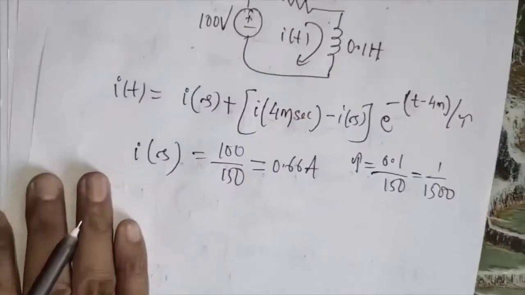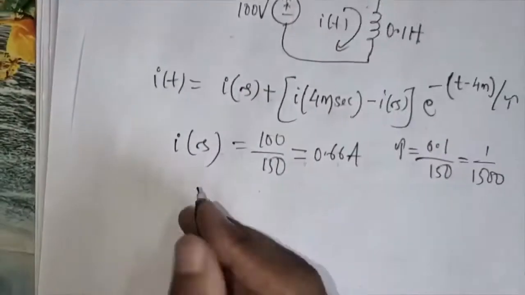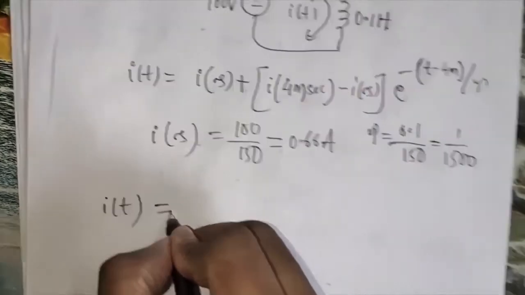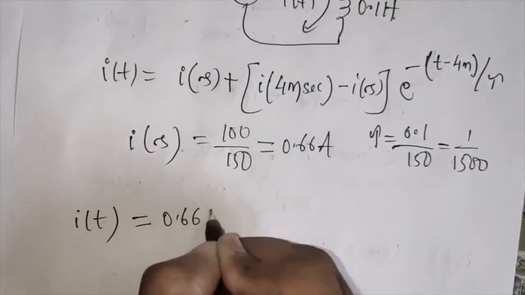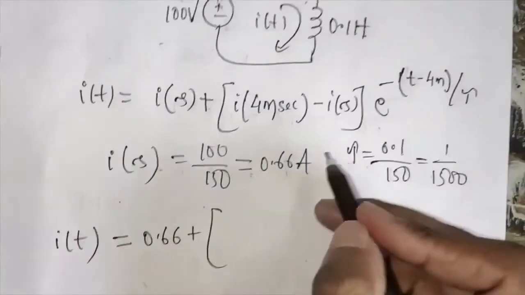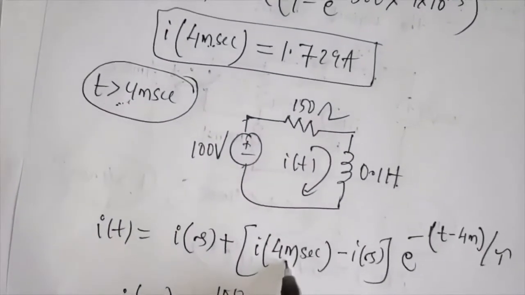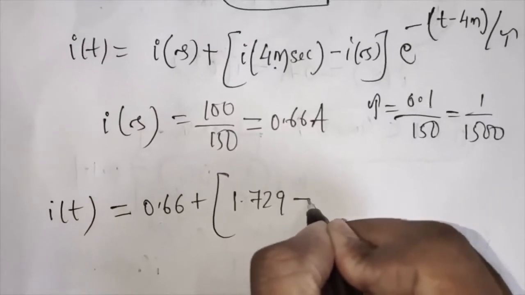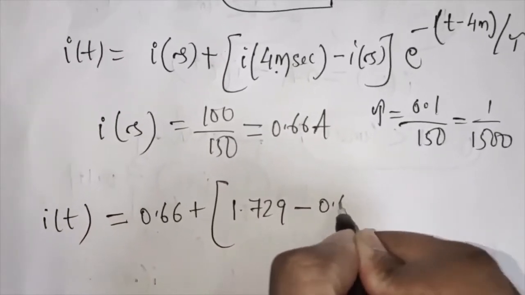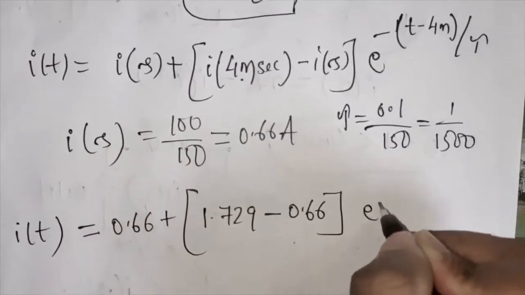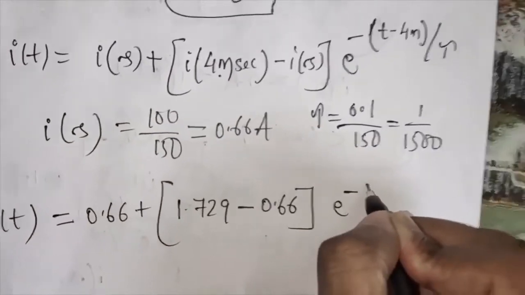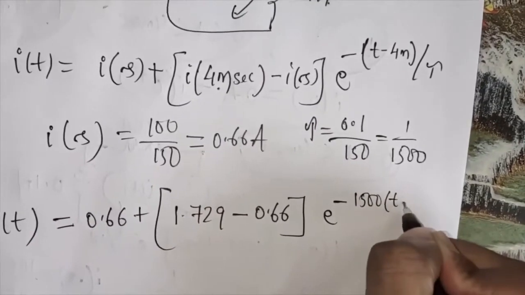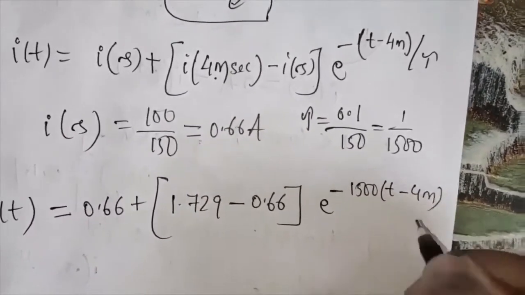So substituting all the values in the general expression, I of t is equal to I of infinity, which is 0.66, plus I of 4 milliseconds, 1.729, minus I of infinity, which is again 0.66, into e power minus, tau value is 1 by 1500, so 1500 into t minus 4 milli.